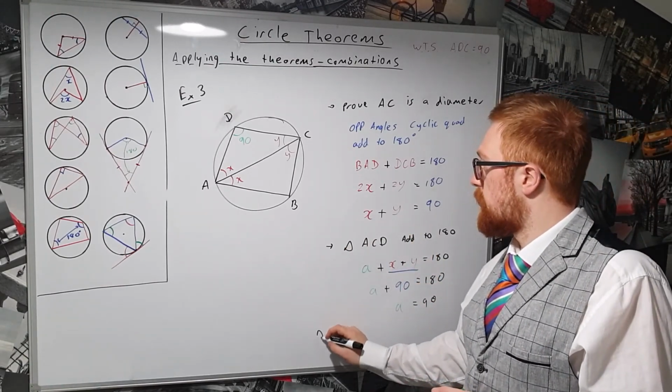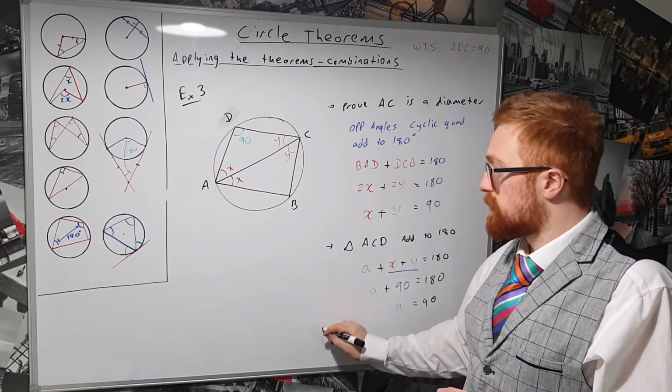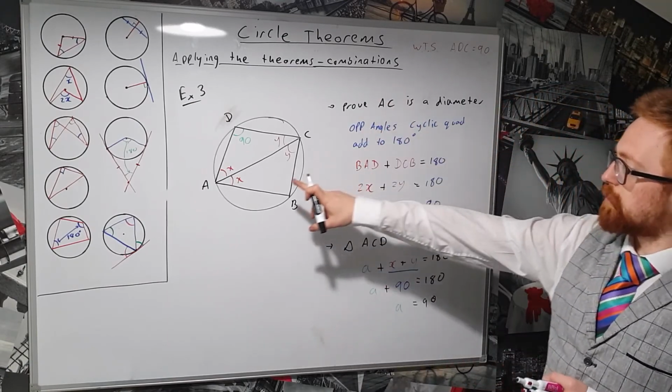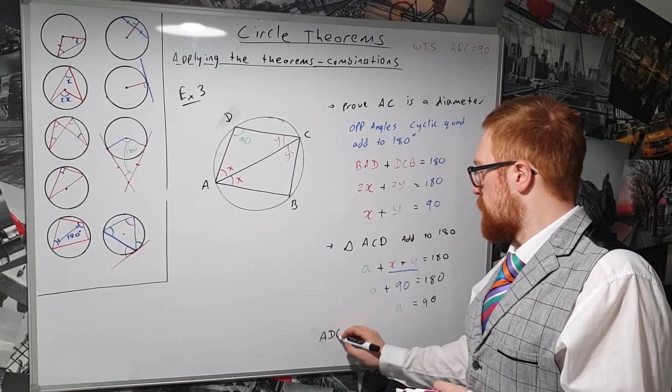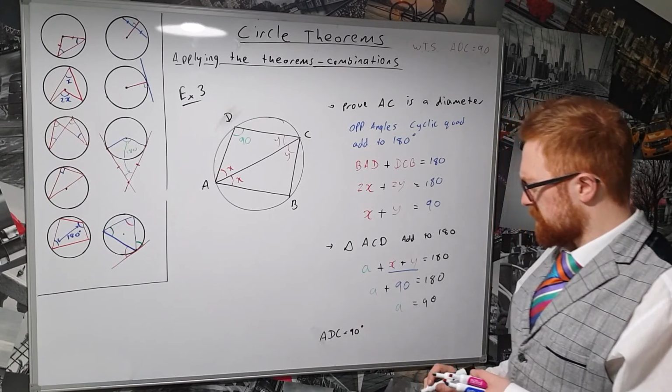So we're looking to prove that it's a diameter, aren't we? So ADC equals 90 degrees.